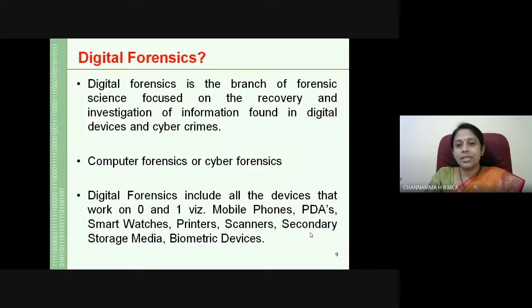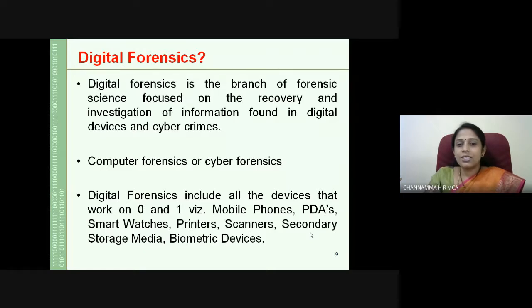Even digital security and cyber security we use interchangeably, but actually they have their own definitions. But we can use computer forensics, cyber forensics, or digital forensics as one and the same. Strictly speaking, they have different definitions.